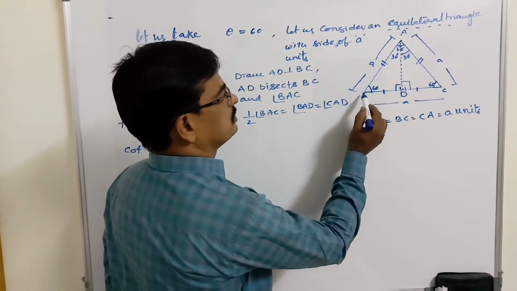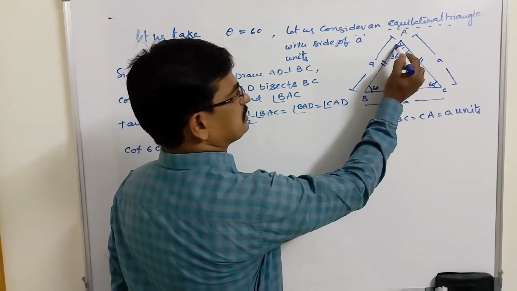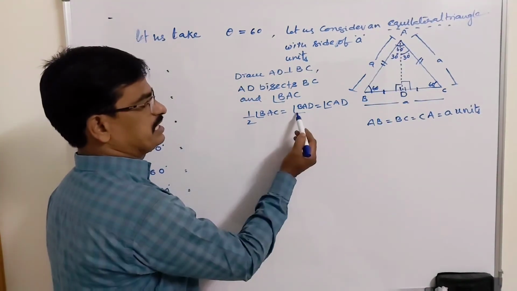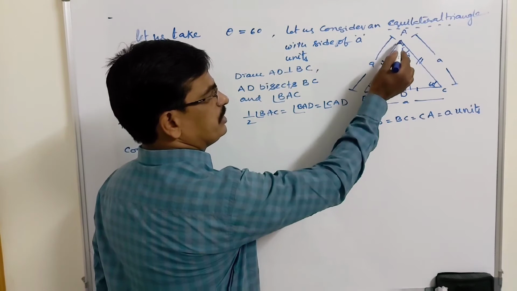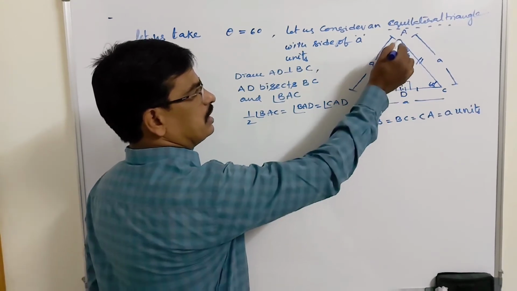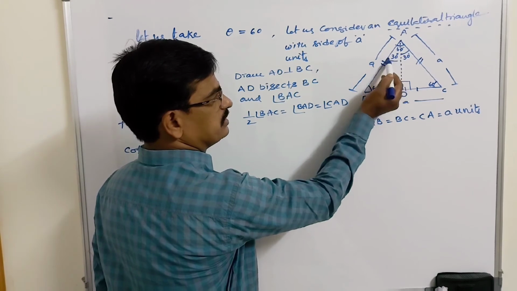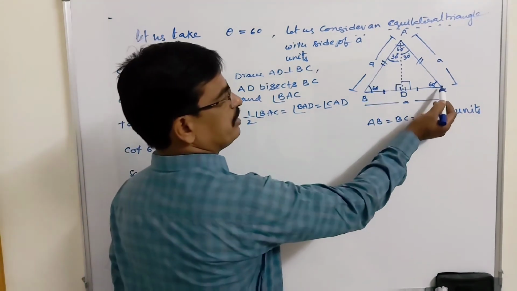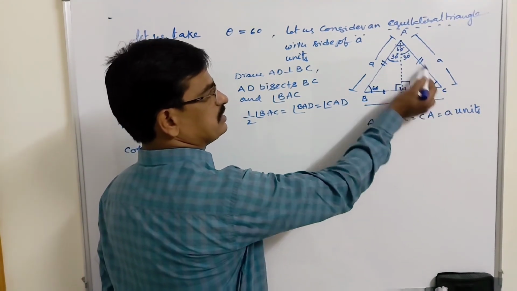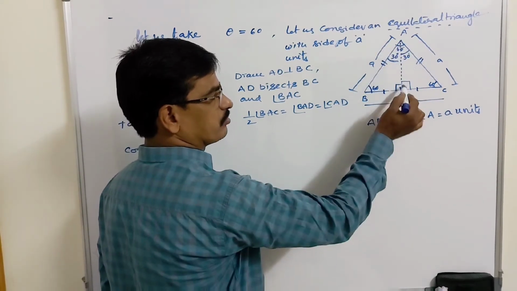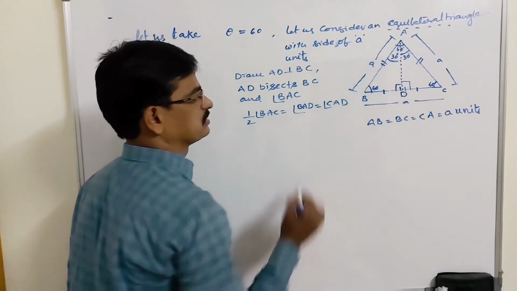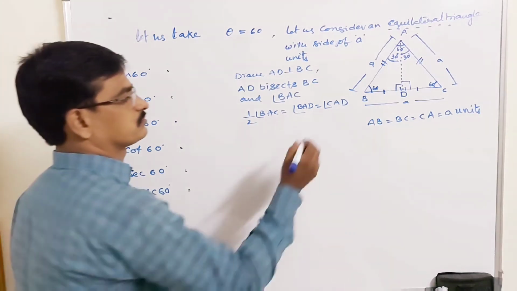See here, BAC is total 60 degrees. BAD means the angle between the AB arm and the AD arm, that is 30 degrees. CAD means the angle between the CA arm and the AD arm, that is 30 degrees. Okay.